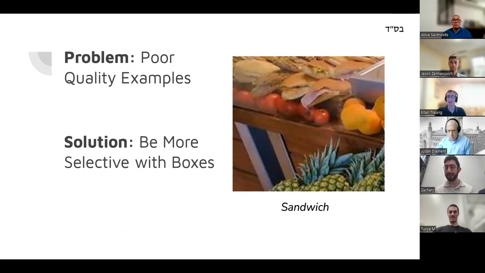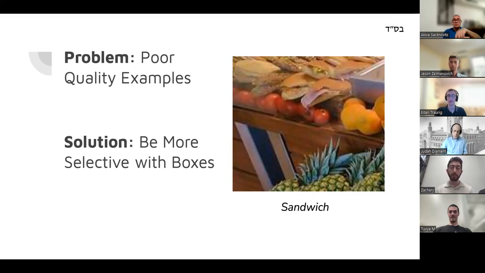We have tomatoes, maybe some oranges, some pineapples. Furthermore, the object that the image is labeled as is not the primary object in the image. If you were to ask what's the main subject of this image, it'd be hard to say there's even one, but it'd be even harder to say that the subject is the sandwiches. You might pick the tomatoes because they're more central.